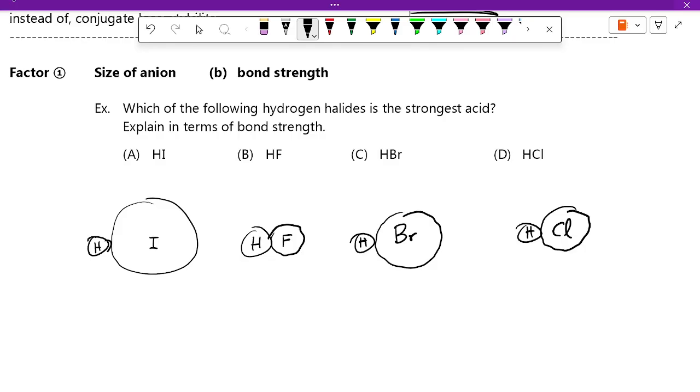Now, how close are the bonding electrons to the nucleus of our halides?